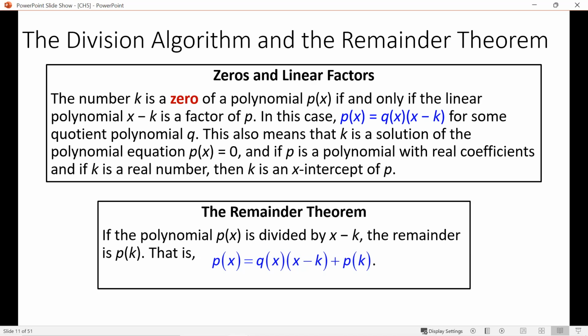The remainder theorem tells us that if our polynomial P is divided by the other polynomial x minus k, then the remainder is actually our polynomial P evaluated at k. So the remainder theorem is kind of a neat way to evaluate polynomials as well.